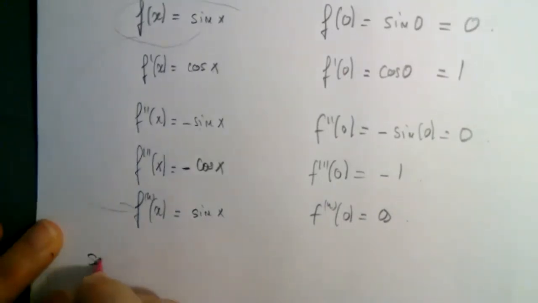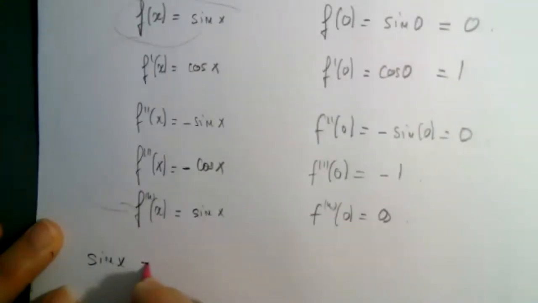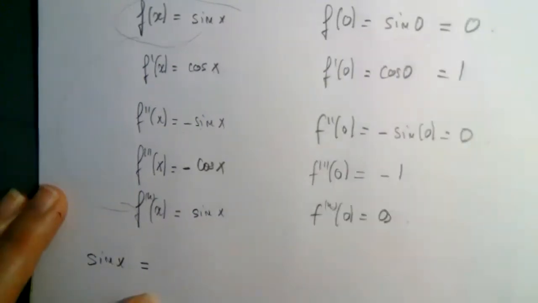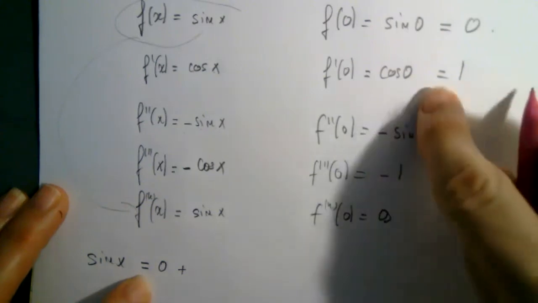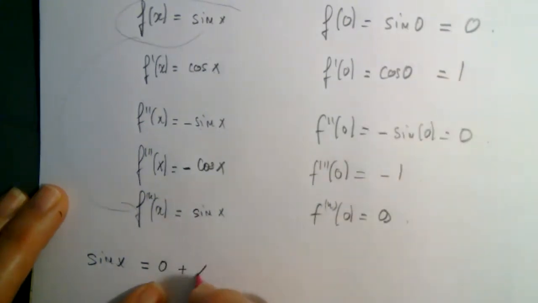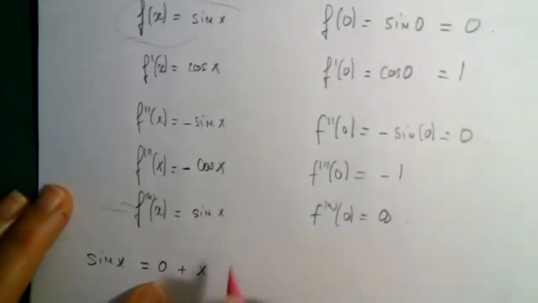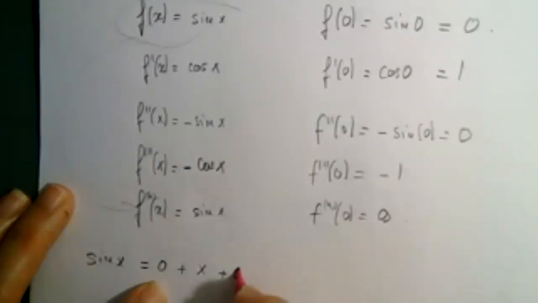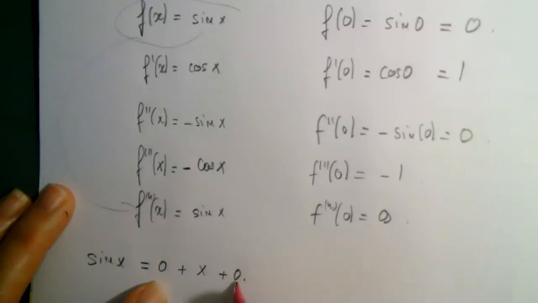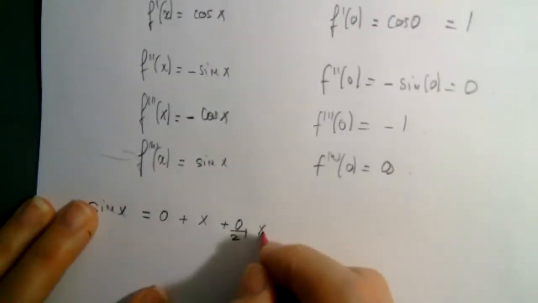So how are we going to write the power series of sine? f of 0, which is 0, plus f prime at 0, which is 1, times x, plus the second derivative at 0, which is 0, over 2 factorial, times x squared.